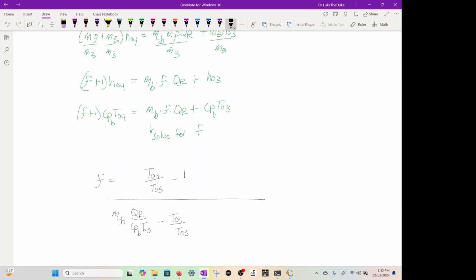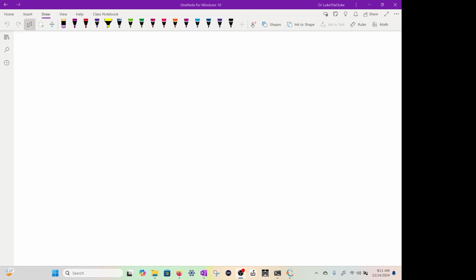Okay, so you see T naught 3 is here. Okay, at the turbine inlet, we have P naught 4 equals P naught 3 times RB.